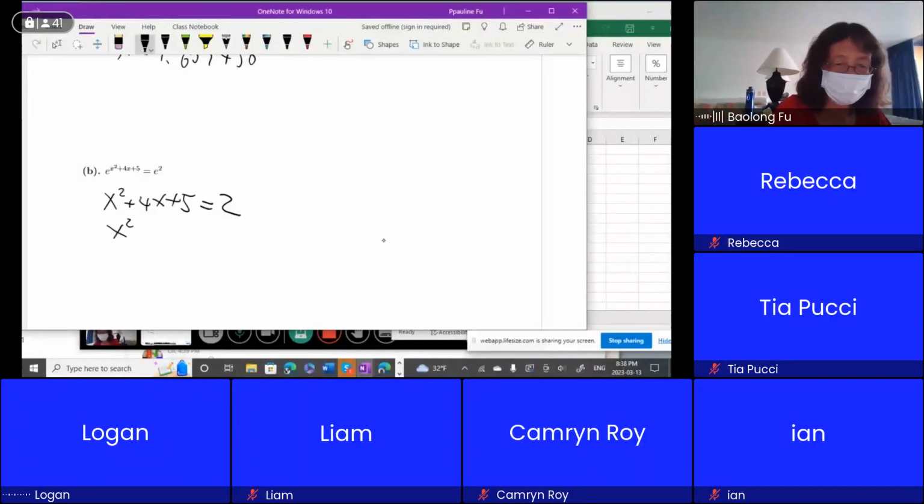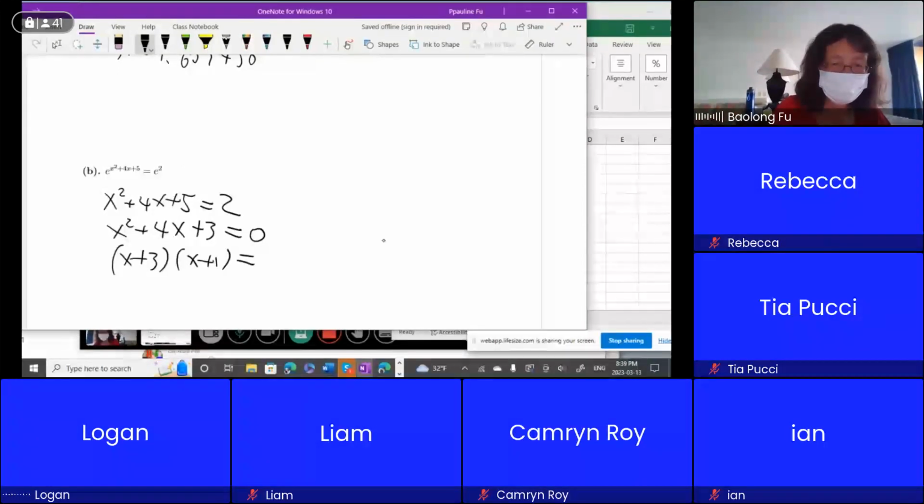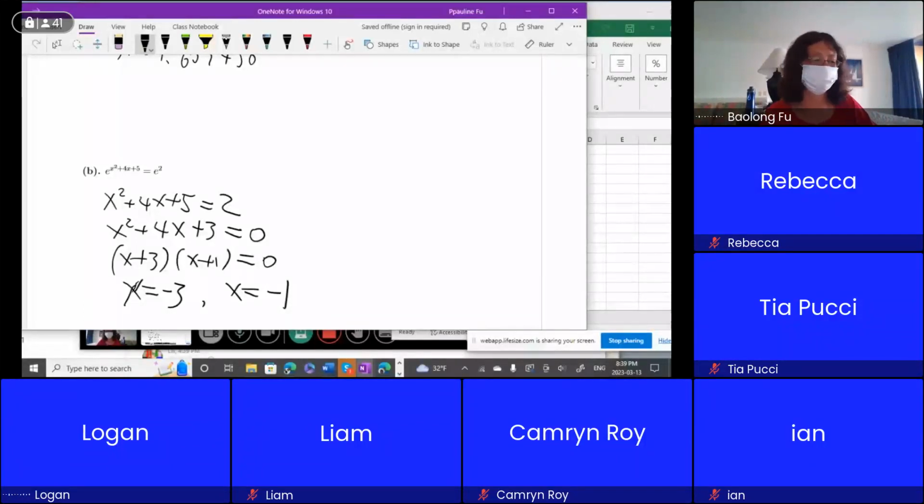And then move 2 to the left-hand side. 5 minus 2 equal to 3. Factor out x plus 3, x plus 1 equal to 0. So x equal to negative 3 and negative 1. This is B.